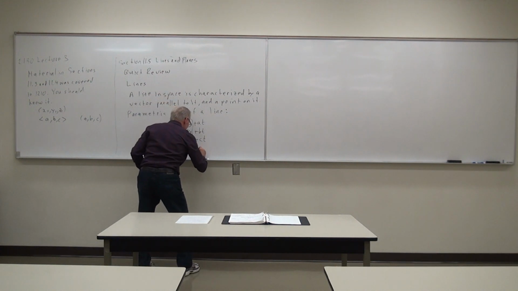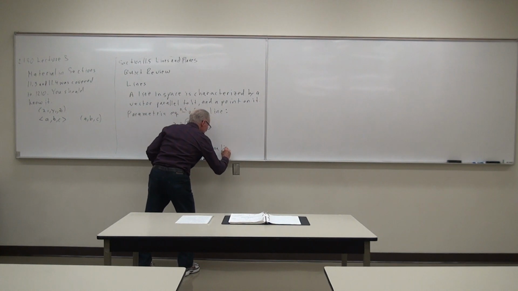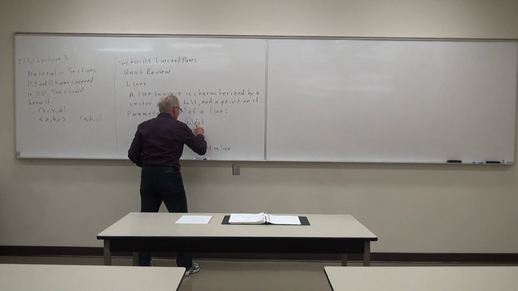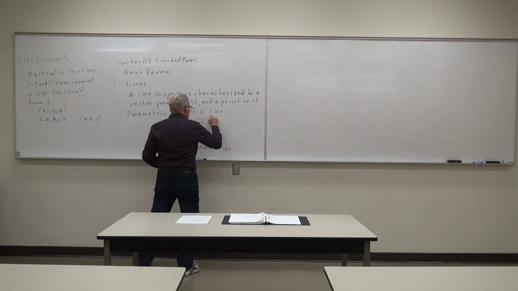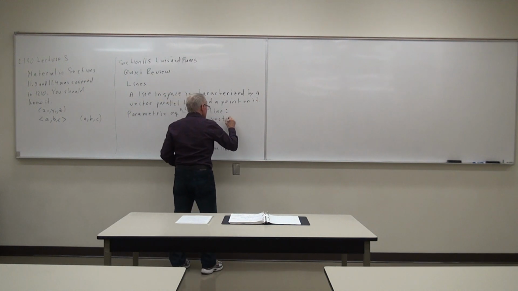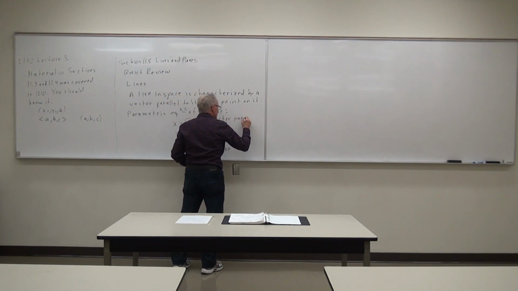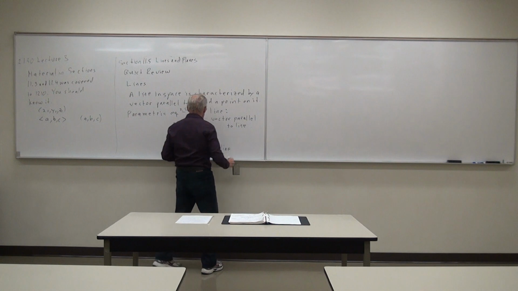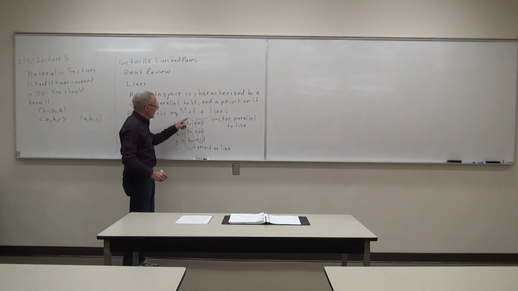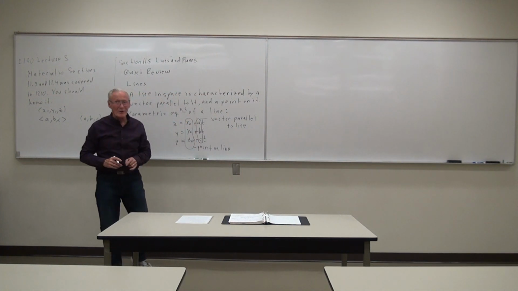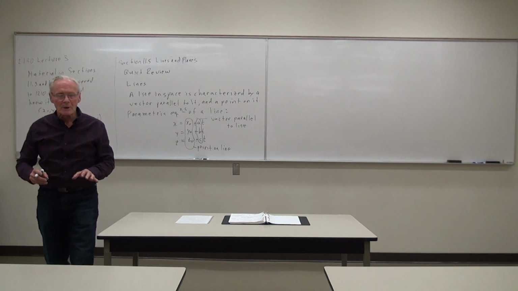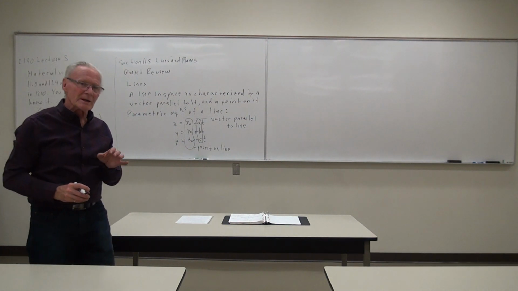These represented a point on the line. And these three numbers, a vector parallel to the line. So once you know a vector parallel to a line, and you know a point on it, you can immediately write down parametric equations for the line.